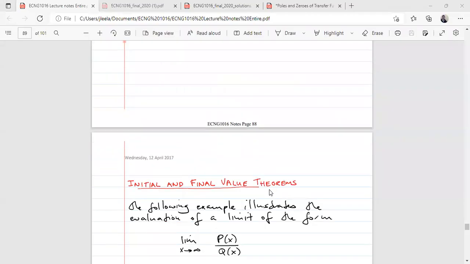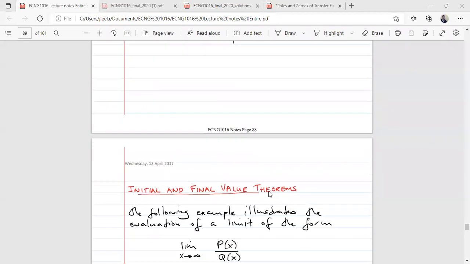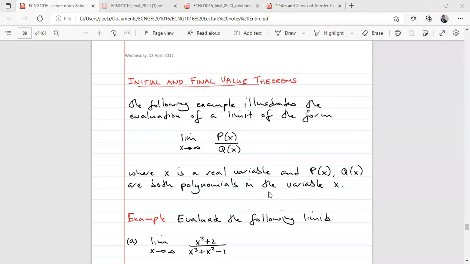Okay, this is where we stopped last day with the pole zero plot. So, initial and final value theorems.